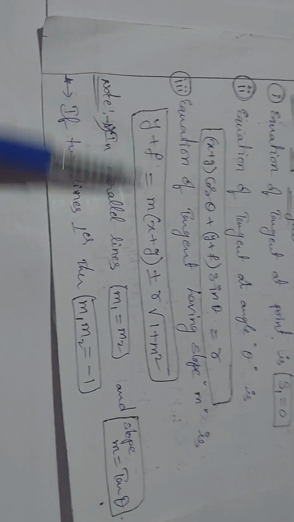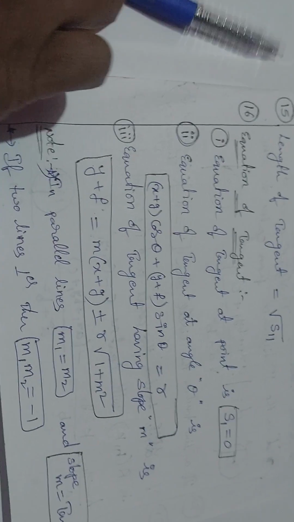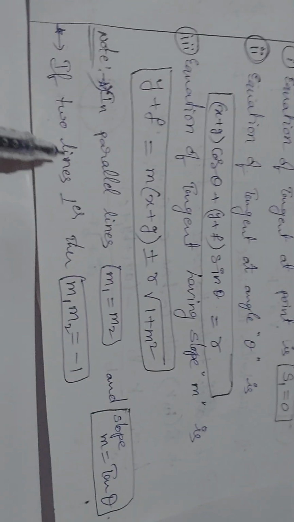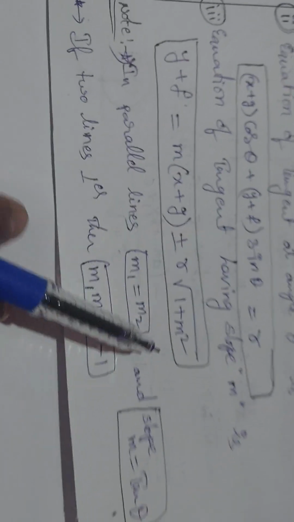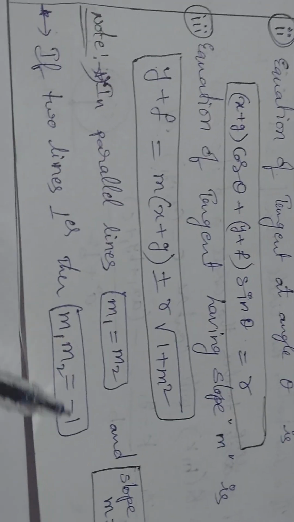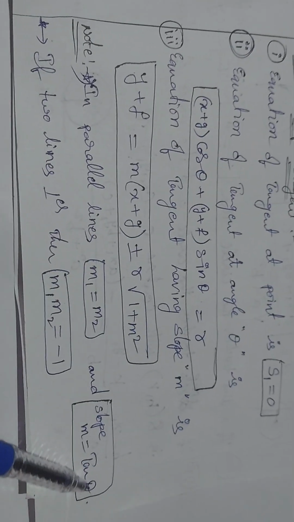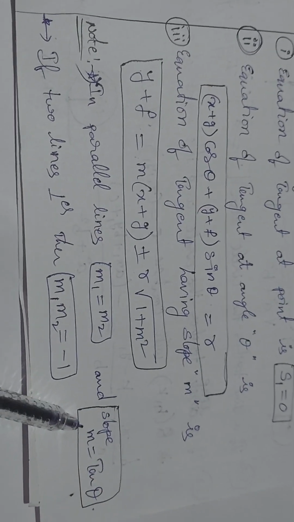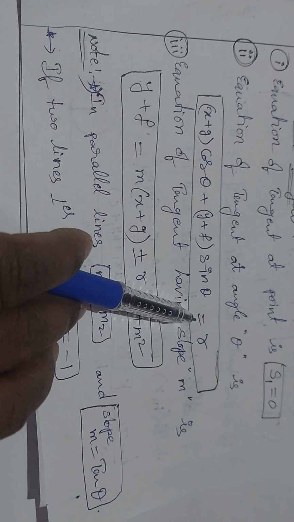Next, in this also two types of questions they will ask. One is parallel condition, another is perpendicular condition. In parallel you know slopes are equal, and in perpendicular m1 m2 equals minus 1. And one more: if the angle is given, we can find slope m, then we can use this formula instead of the earlier one.